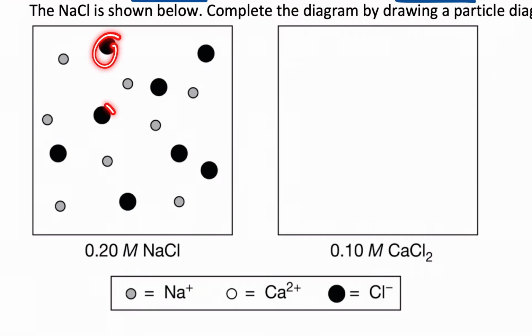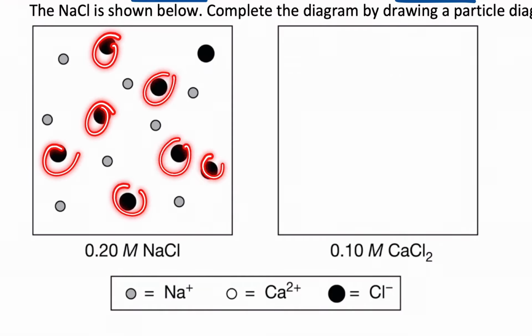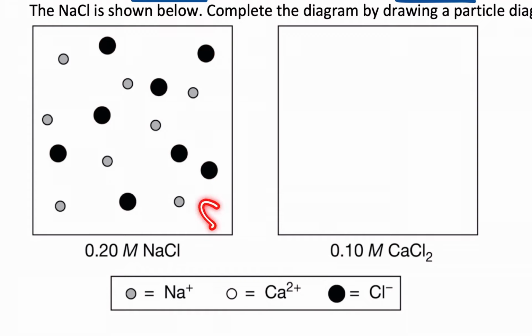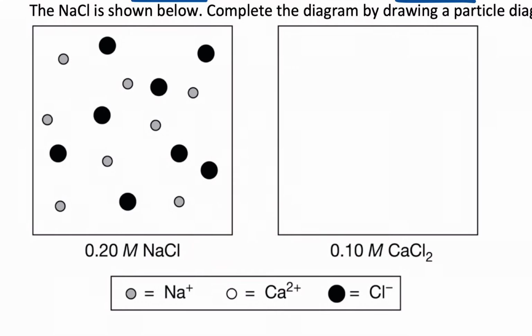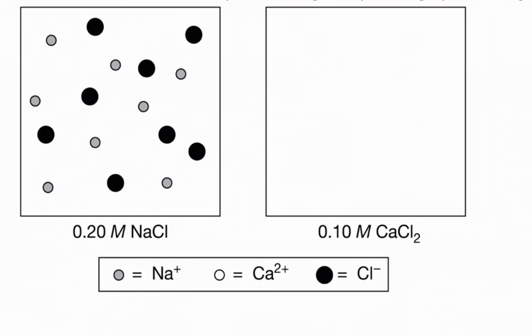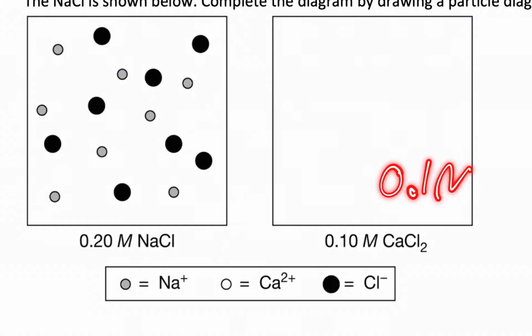It looks like I've got 1, 2, 3, 4, 5, 6, 7, 8 chlorides, and then 8 sodium ions, and this is 0.2 molar, and this is 0.1 molar calcium chloride. So I need this to be half the molarity.